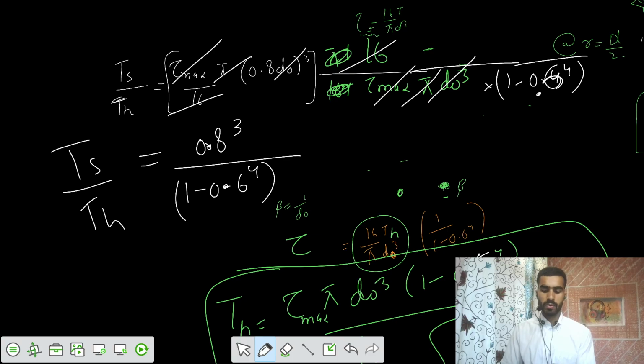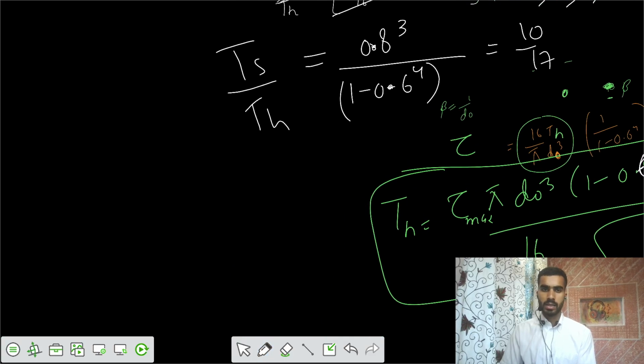So you got this value of 10 by 17. So that means your t hollow equals to 1.7 times t solid.